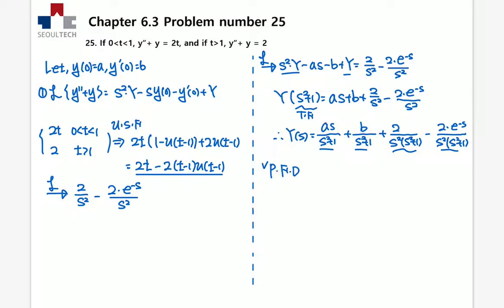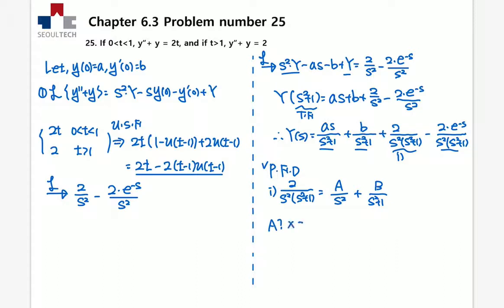So this is 2 over s squared times (s squared plus 1). You can break it down into A over s squared plus B over s squared plus 1. How can you find A?